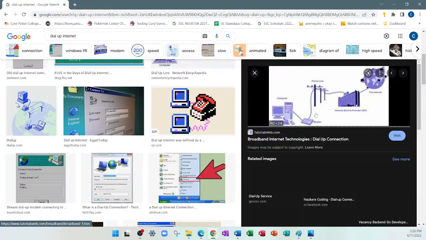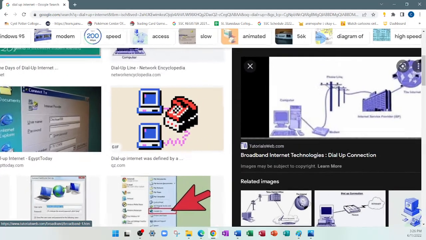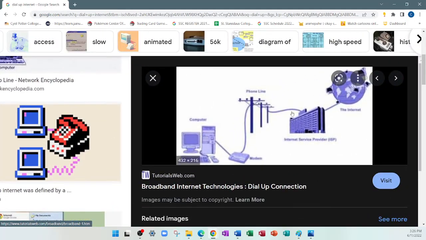This is a simple diagram of dial-up. The internet is connected to your ISP, your internet service provider, and the telephone cable is run into your home, connected to a modem, and then connected to your computer. One thing to note is that with dial-up, we didn't make much use of routers and switches.